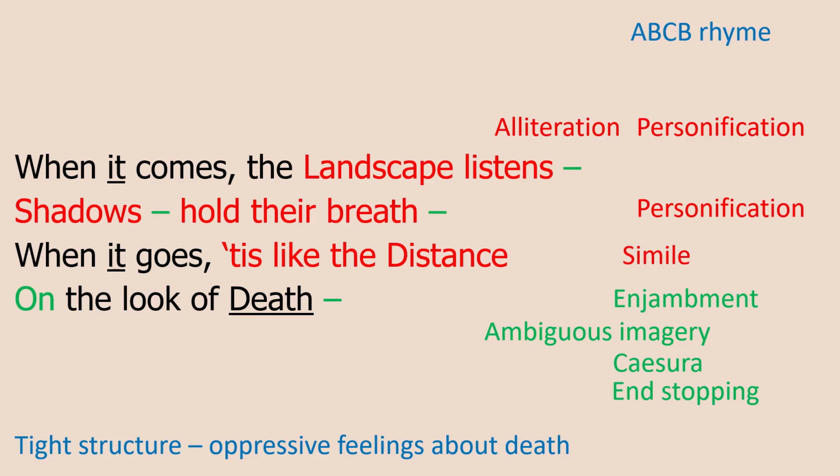Again, we get end stopping through our dashes, and we get some caesura through the commas and the dashes as well. We have that bit of enjambment at the end in the simile, "'tis like the distance on the look of death." But what I do want to point out is that Dickinson ends with the punctuation of a dash, and dashes are normally used to join two clauses, which implies to me there should be another clause, another stanza, something else.